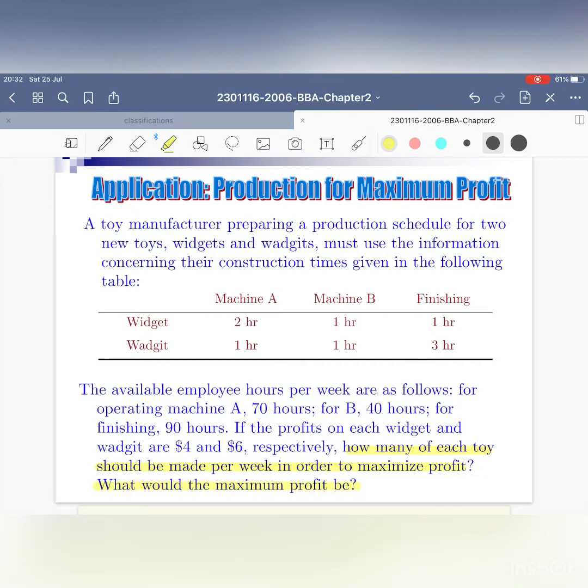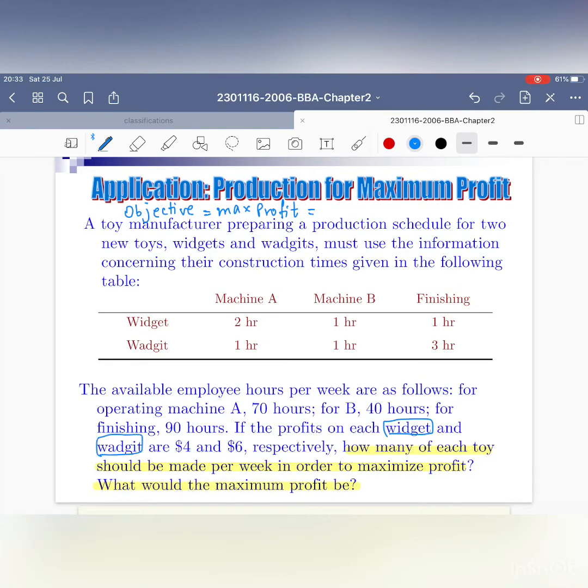So what is your objective? Let me write it down here first. Your objective is to maximize your profit. What determines your profit is the number of your first product and your second product.